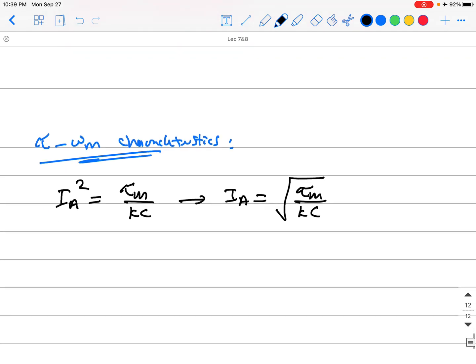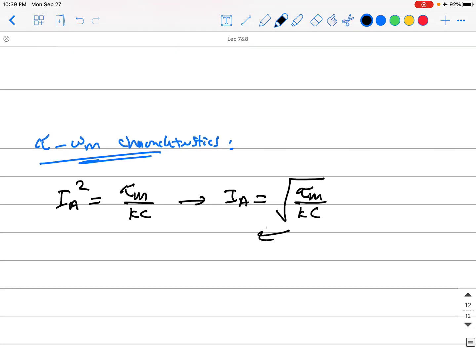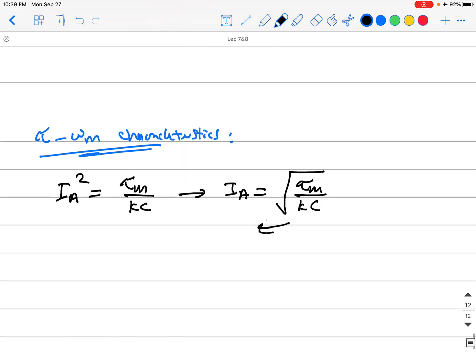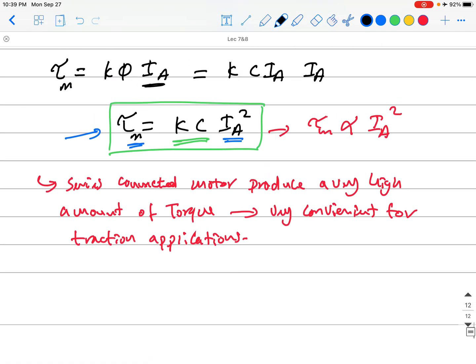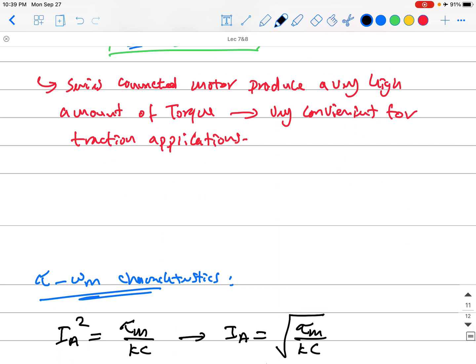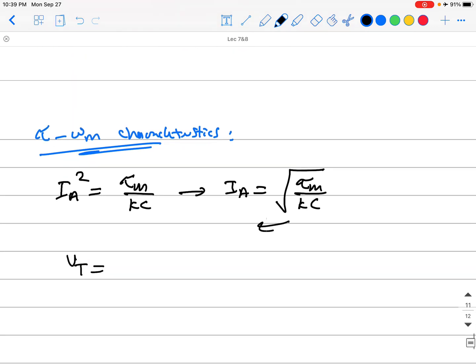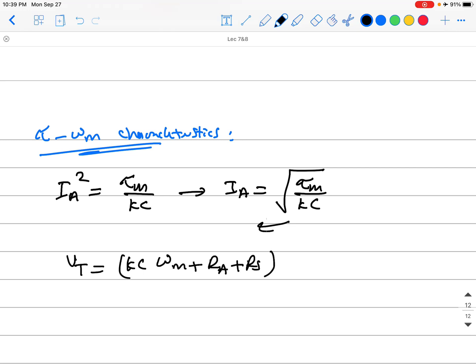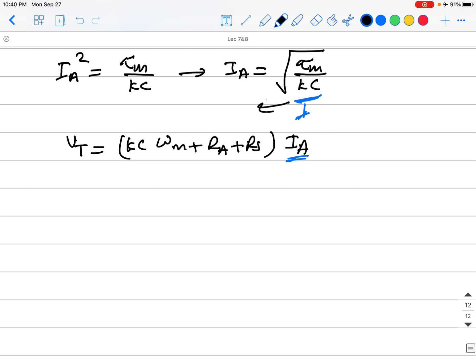And you just substitute this in the other equation, which is V terminal, equaling Ea, or the last form of it, Kc omega m, plus Ra plus Rs, and this is plus because we're dealing with motor mode here, multiplied by Ia. You just take this Ia from here and substitute it here and do the simple math. You'll get the relationship between the speed and torque.